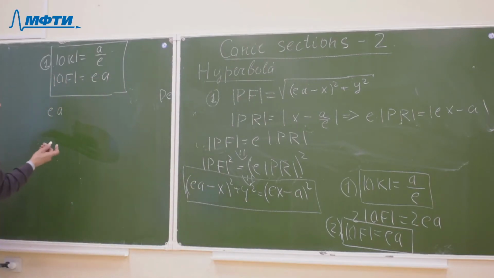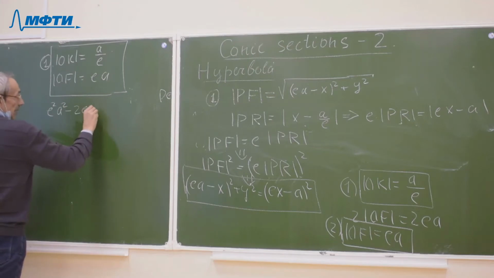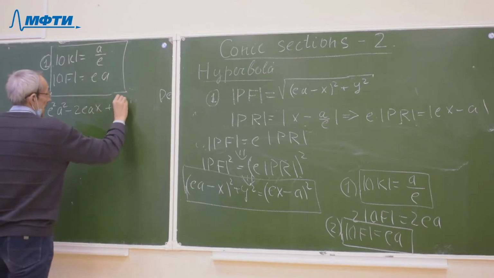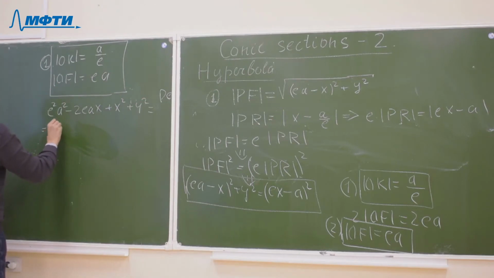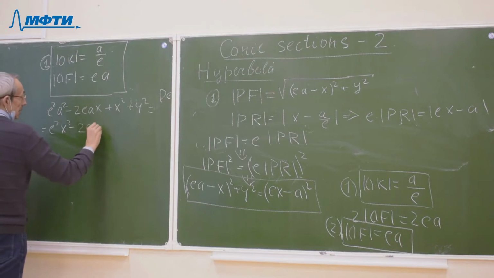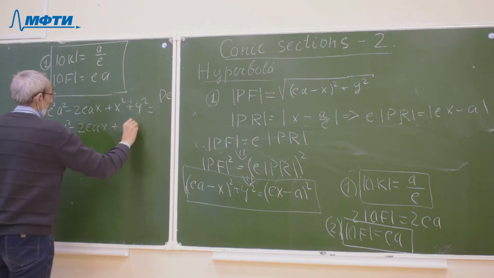After the evident simplification, we obtain E squared A squared minus twice EAX plus X squared plus Y squared is equal to E squared X squared minus twice EAX plus A squared.